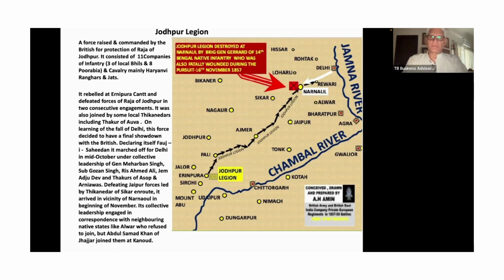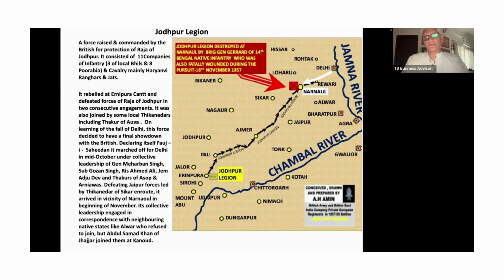In the area of Sikar, they were challenged by Rao Bhairon Singh, who was Thikanedar of Sikar, on the orders of the Jaipur Raja. They defeated the Jodhpur Legion, meted a conclusive defeat to this Thikanedar, and the Jaipur forces fled.